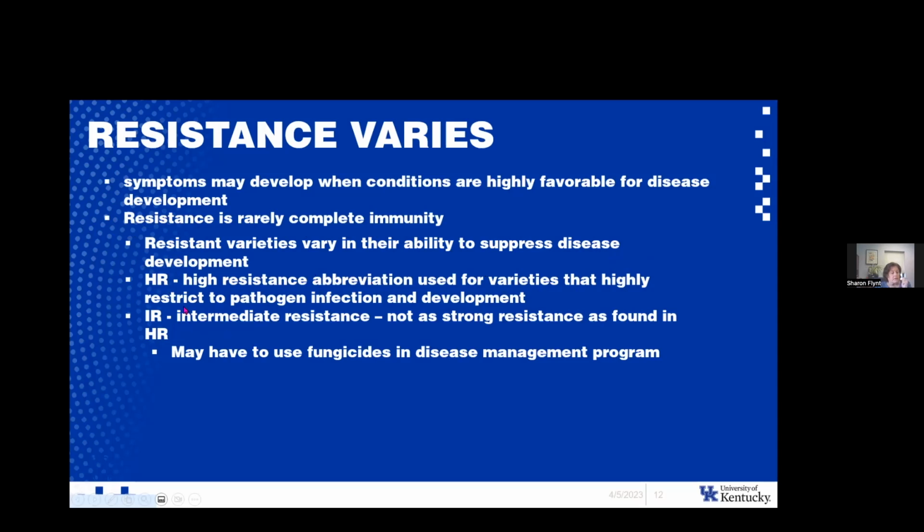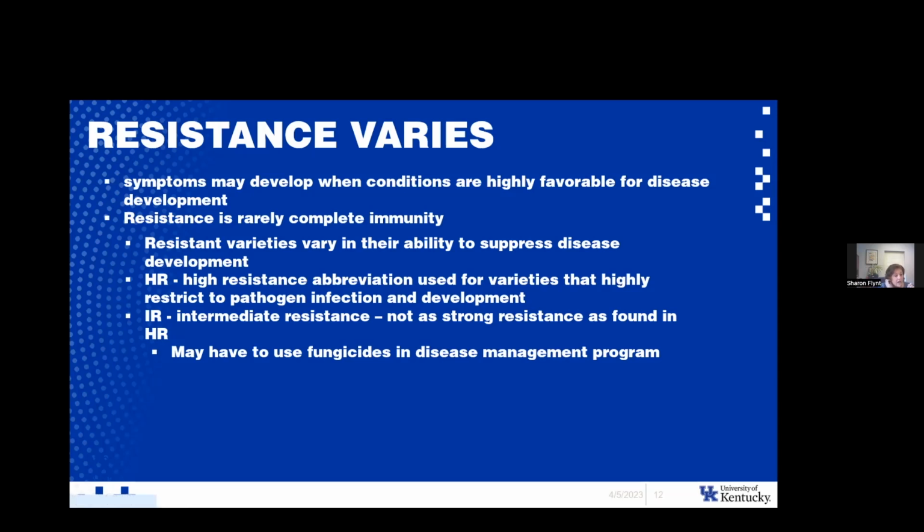And then with that, you may see on some seed packets or in catalogs, the abbreviations HR, which means highly resistant. And that just means what it says, that particular seed or plant is highly resistant to the pathogen infection and development.